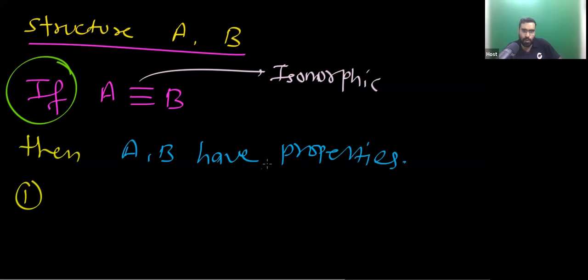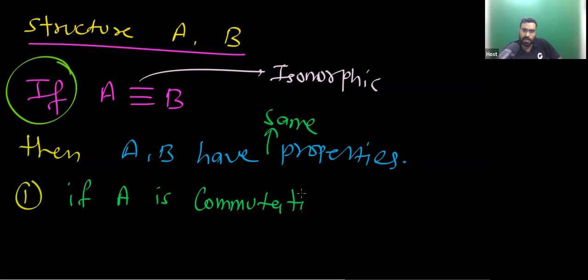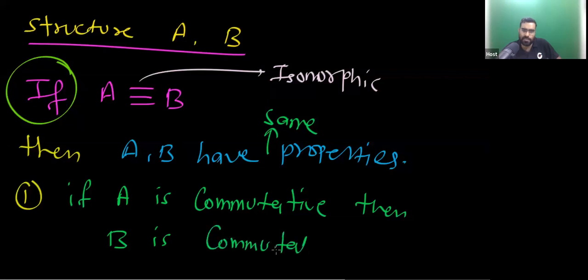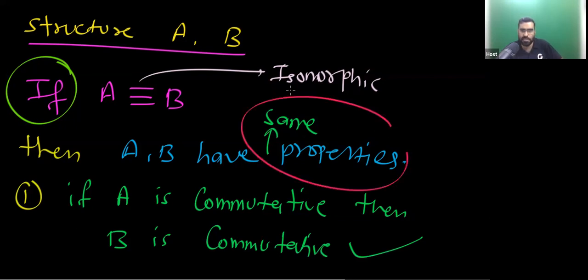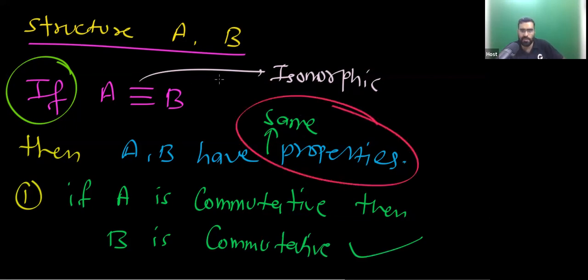So for example, if A is commutative, then can I say B must be commutative? Yes, of course, because they have the same behavior, same properties. I hope this point is clear.